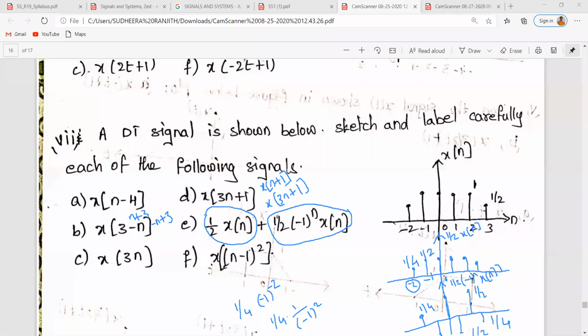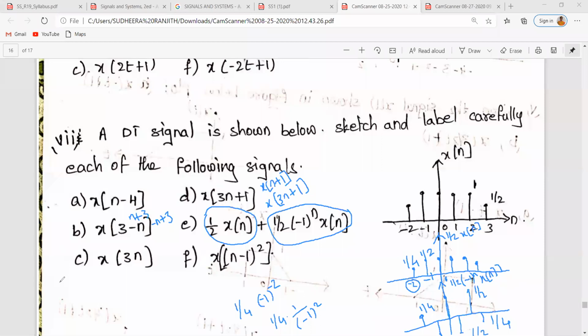Now the last signal, x of n minus 1 whole square. So here what we need to do is let us substitute the values of n from minus 2 to plus 3. So if we substitute n is equal to minus 2, x of minus 2 minus 1 whole square. What is x of minus 2 minus 1 minus 3? 3 whole square is 9. X of 9.